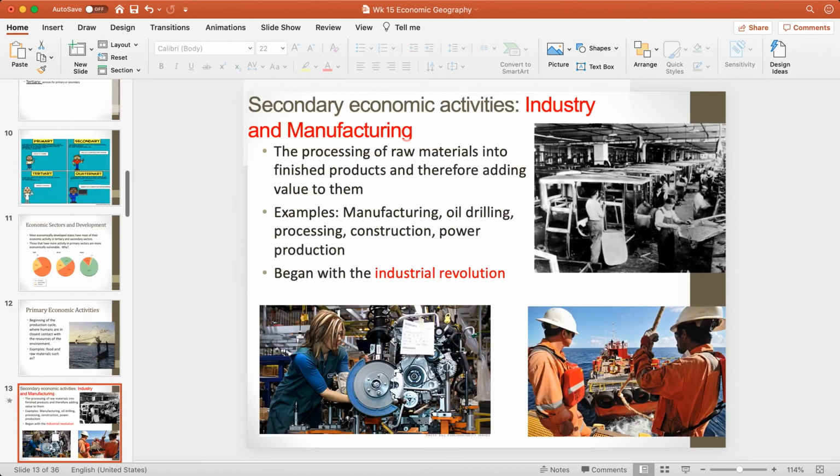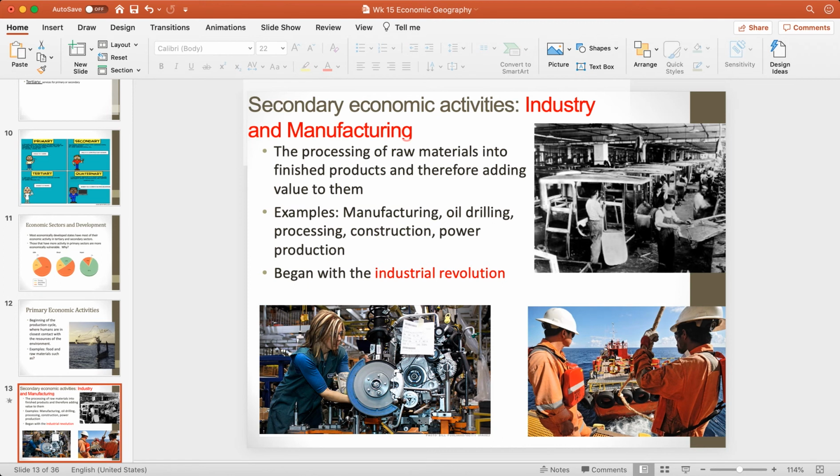All right. So industry and manufacturing is the secondary economic activities, and this was really the backbone of the American economy, American employment for most of the 20th century.